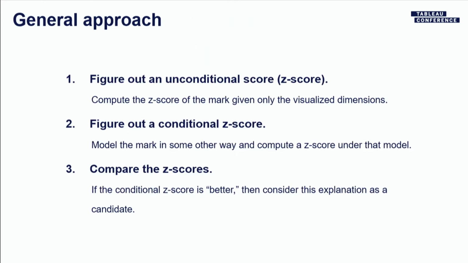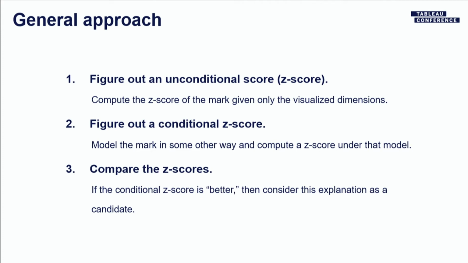All right, so I just wanted to walk you through our general approach that we're going to use across different explanation types. So the first thing we're going to do is figure out an unconditional score. In this case, we're looking at a z-score, if you're familiar with that. And so we are going to compute the z-score of the mark with only the visualized dimensions. Then we're going to add in more data or model the mark in some other way, and we'll compute a z-score under the conditional model.